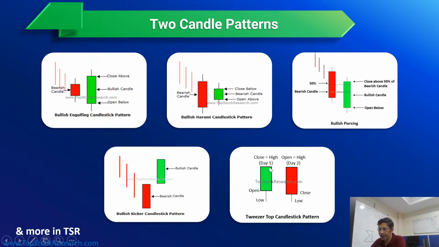So if it is an uptrend, you have a green candle, then a red candle of almost the same size and almost at the same place. That means the trend is completely getting negated. Price moves from here, goes all the way up here. The next day, the bull again starts almost at the same price, but the bull loses control and it is a long body. This is a very, very powerful pattern. It's called the Tweezer pattern. We have a screener for that also here in TSR.